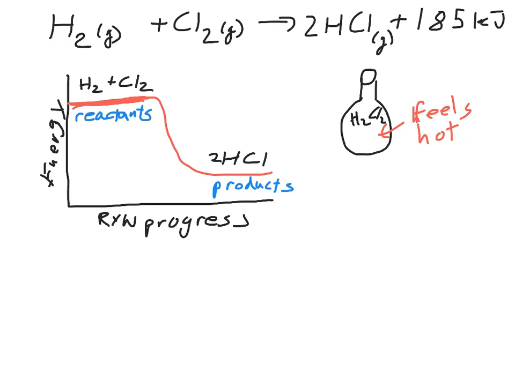If we look at the reaction, we have hydrogen and chlorine reacting to yield hydrogen chloride gas and 185 kilojoules of energy. So we have a reaction that's producing energy. Because we define this as the system and we're the surroundings, this feels hot to the touch.